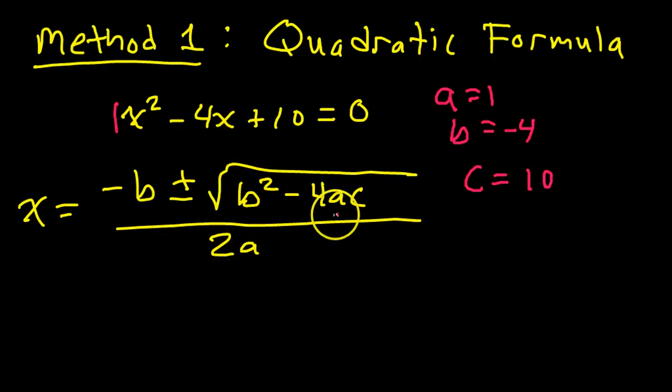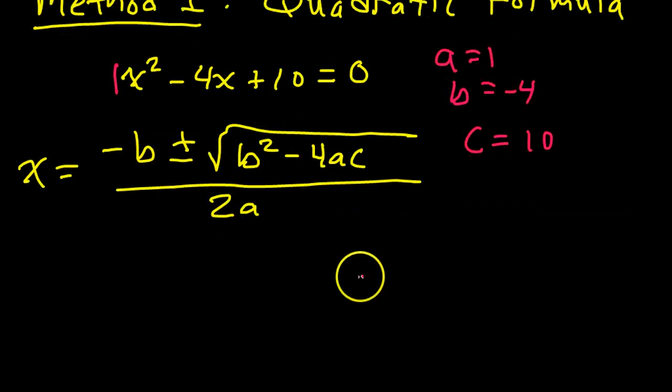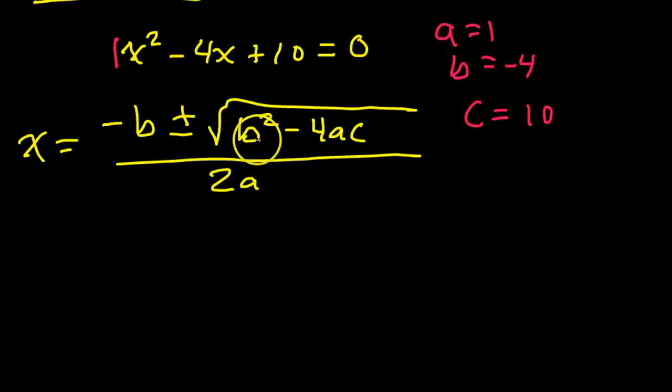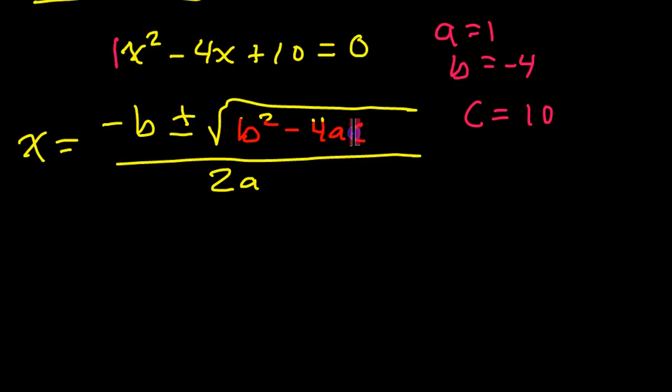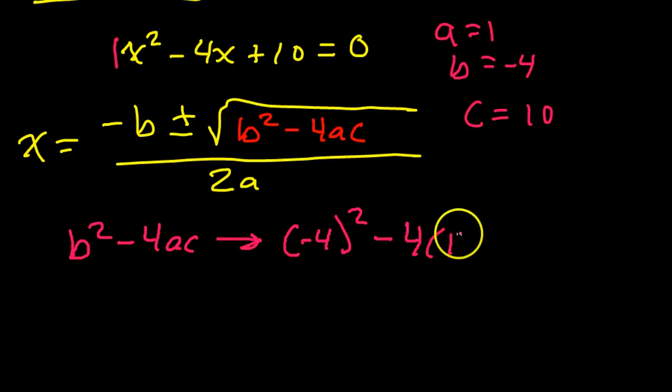Now, I recommend not putting all of this into the calculator at once. I always like to do the b squared minus 4ac part separately, and I recommend that you do the same. So I'm going to do that first. So b squared minus 4ac is -4 squared minus 4 times 1 times 10.